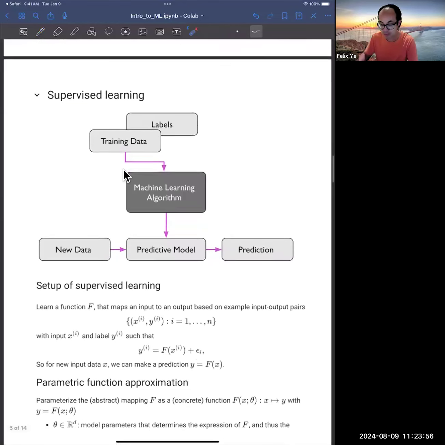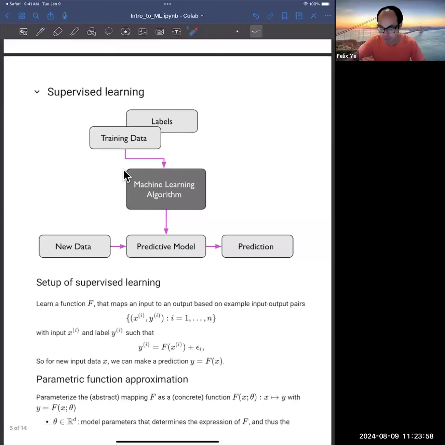First, what is supervised learning? This is the big picture of supervised learning. The data that we have is training data with labels. You choose your own machine learning algorithm, could be k-nearest neighbor, it could be logistic regression, and you build your own predictive model. This is the training data, so you build the model here.